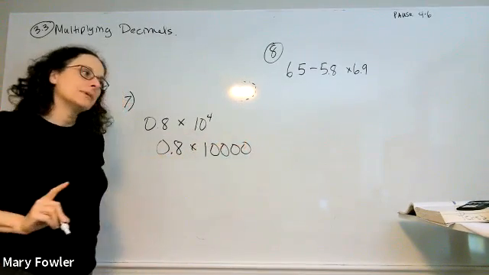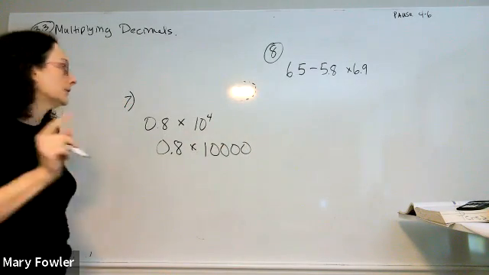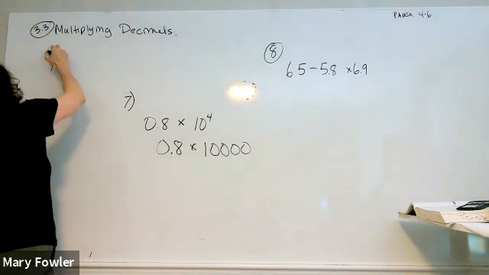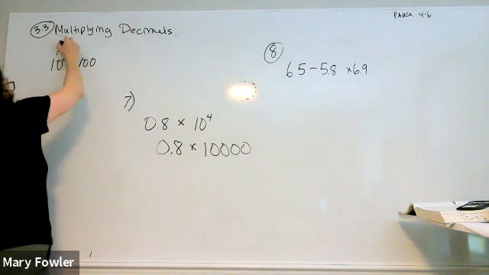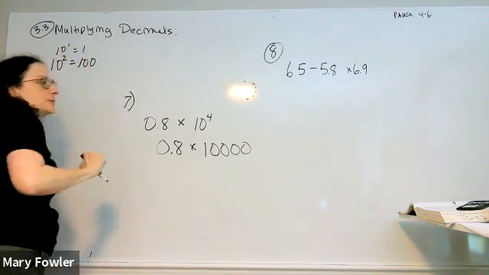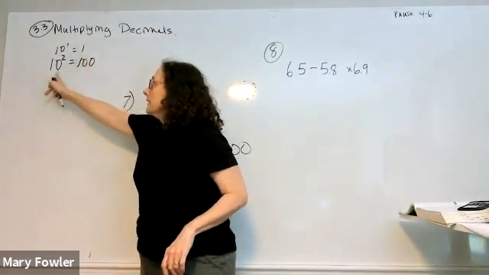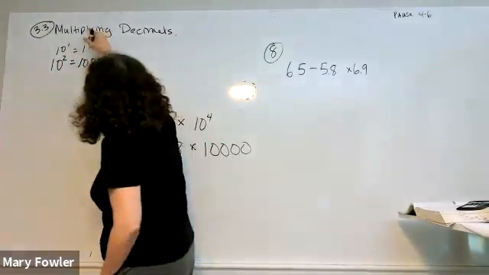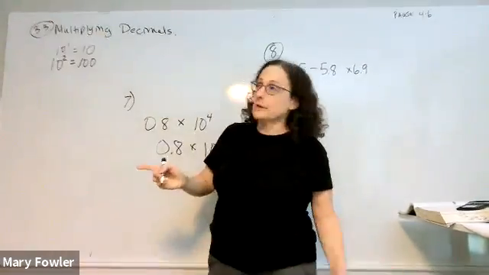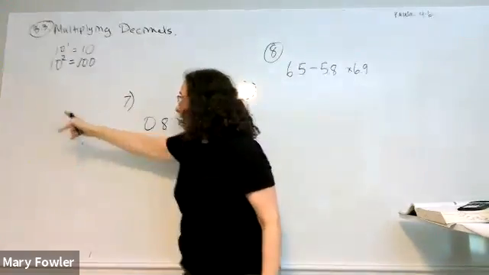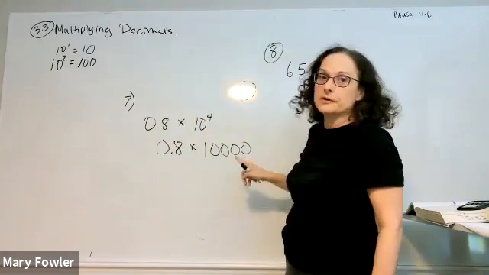And if you can't remember that, I go back and check in my head. I know 10 to the 0 is 1, 10 to the 1 is 10, and 10 squared is 100. So that helps me remember that 10 to the 4th is a 1 with 4 zeros.